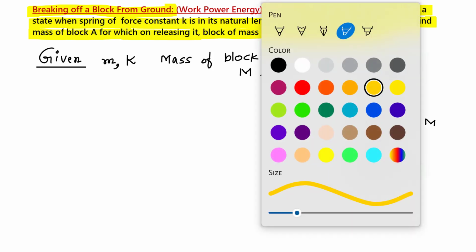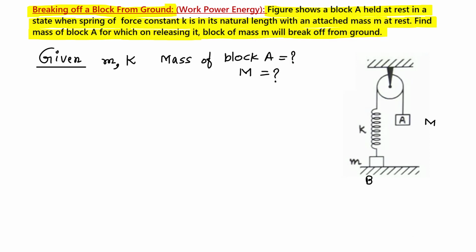So try to visualize the situation we have here. We have a mass m and another block of mass capital M, and these two blocks are attached by a spring, and this spring is further attached by a thread which passes over a pulley, and this pulley is further attached to the ceiling.